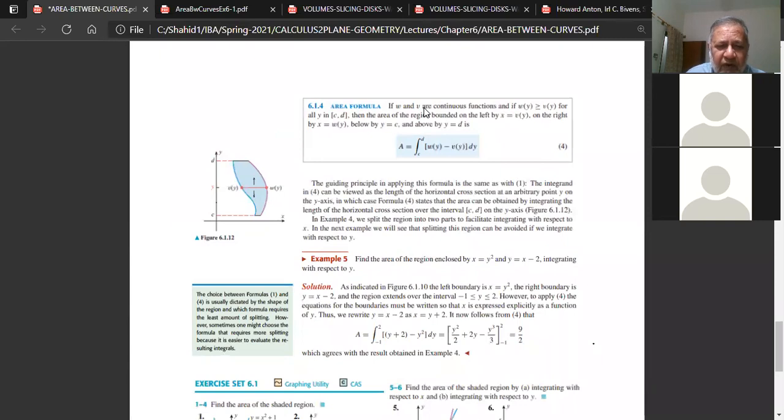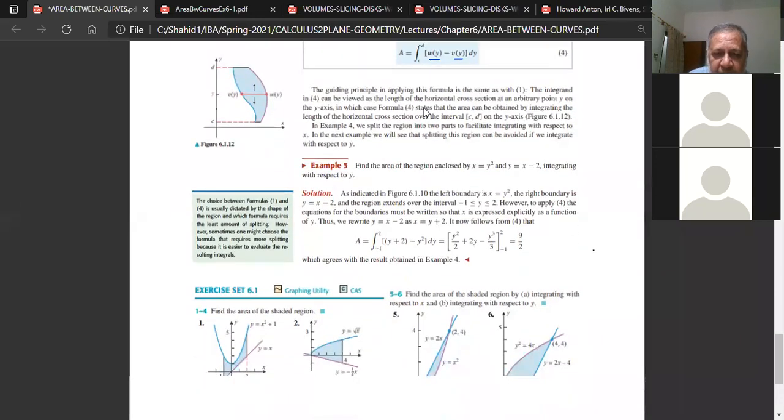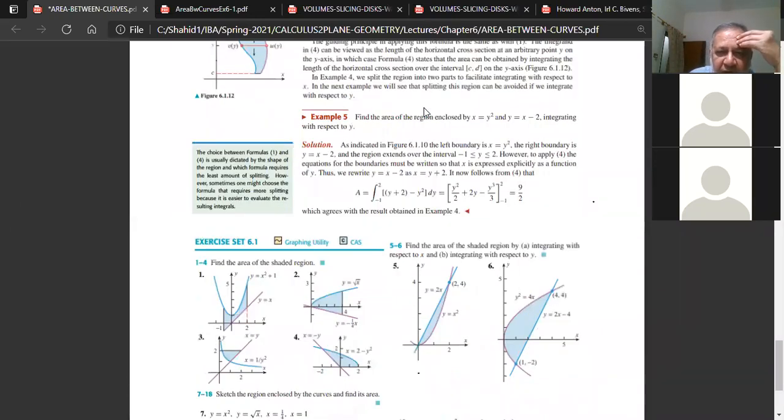If we have this kind of situation where it is easier to handle the problem because x values are larger on one curve compared to the x values on the other curve, then we'll switch the role of x and y, and take the function of y which has larger x values, minus the function of y which has smaller x values, and integrate on y instead of x, as I have just demonstrated. And then find the area of the region enclosed between x is equal to y square and y is equal to x minus 1, integrating with respect to y, that I have already considered.